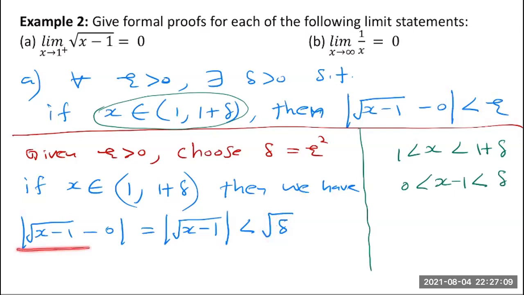By my choice of delta, this is the square root of epsilon squared, which is epsilon. So you get the absolute value of f of x minus L less than epsilon. That's what you want. This completes the proof.